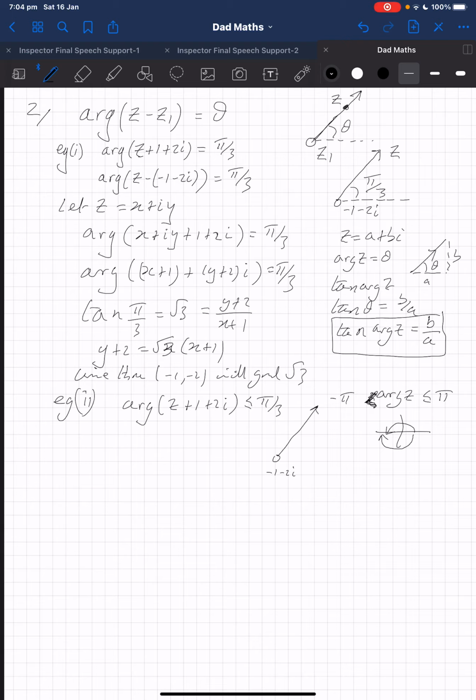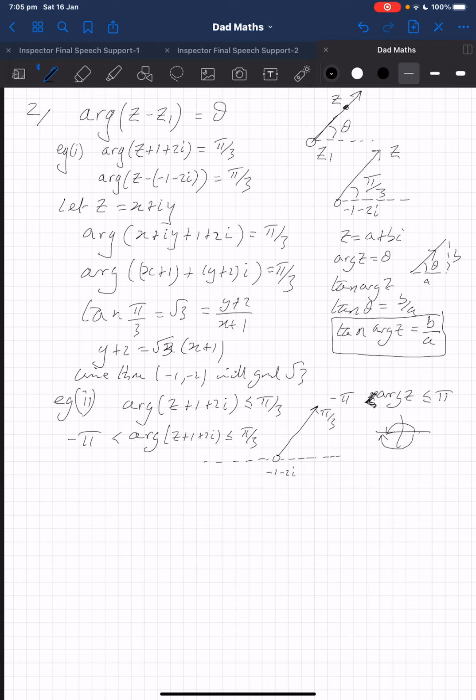We want the argument to be less than or equal to pi over 3, but because the argument has a minimum of minus pi, what this means is that the argument of z plus 1 plus 2i is going to be up to pi over 3, but the lowest value it can be is minus pi.